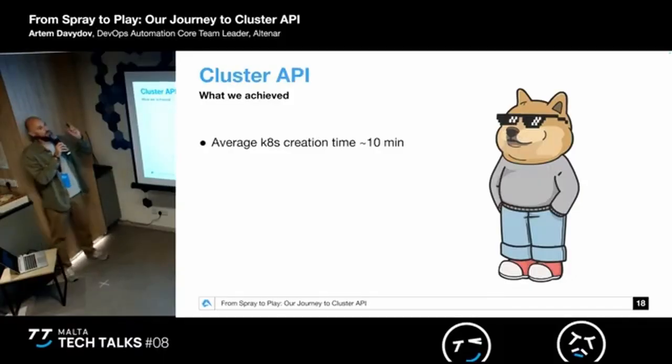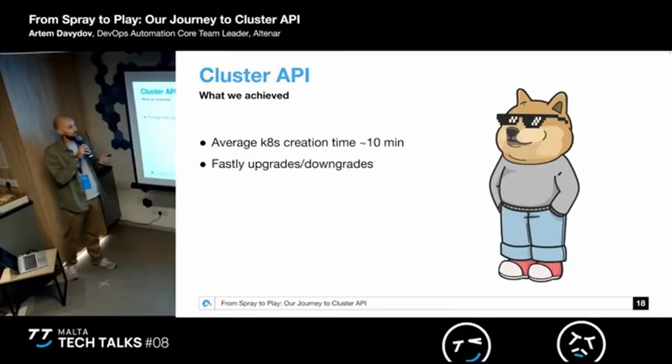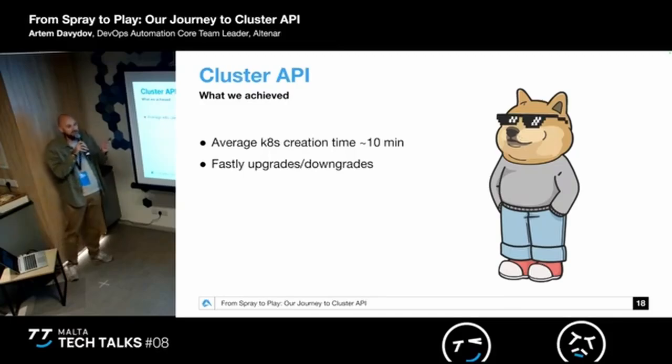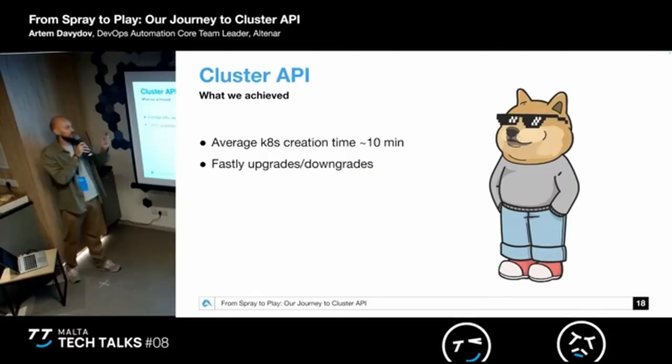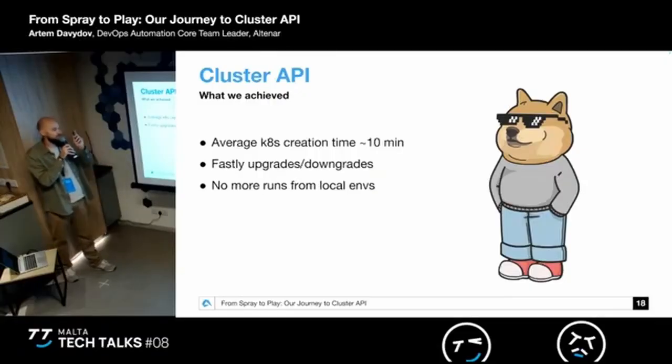So, what did we achieve? First of all, the average Kubernetes cluster creation time is now about 10 minutes. Before it was about 30 minutes for a new cluster. With upgrades, we decreased the time, and now we have the feature that we can even downgrade the versions of Kubernetes clusters.